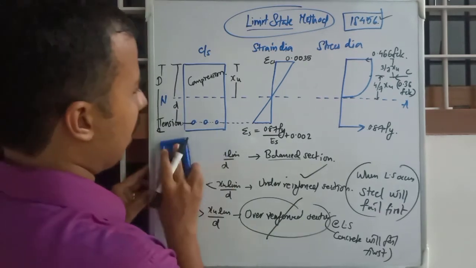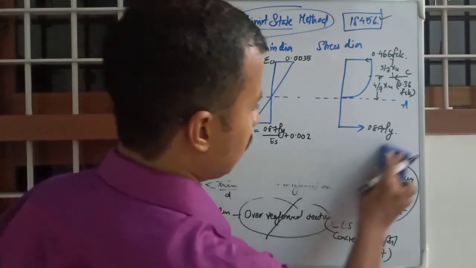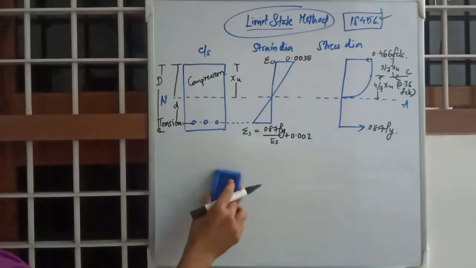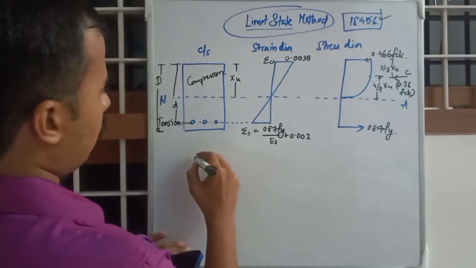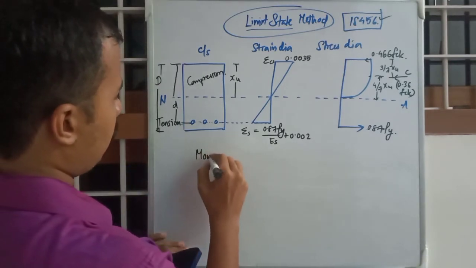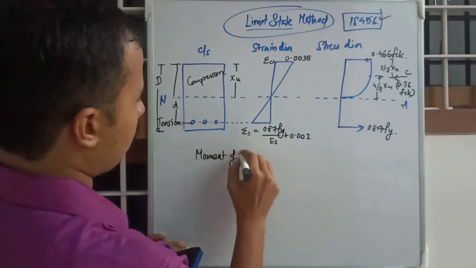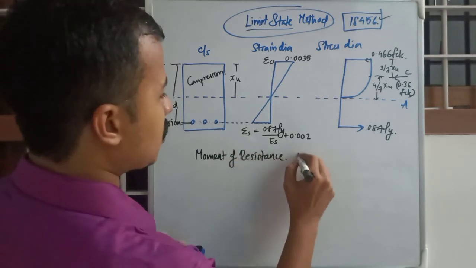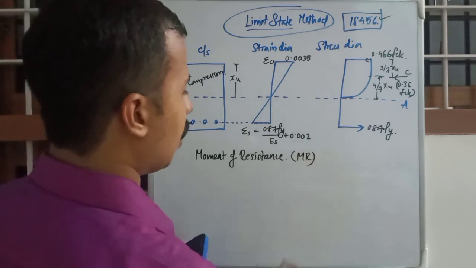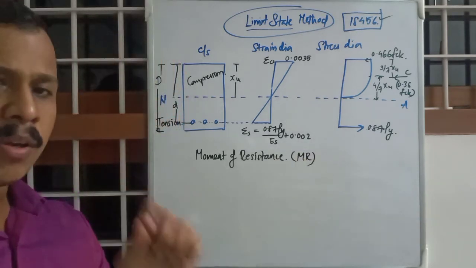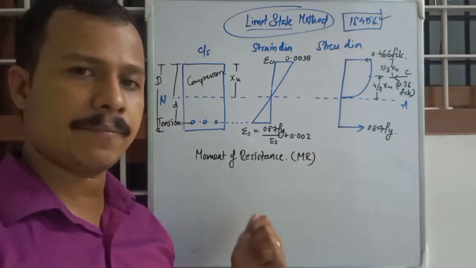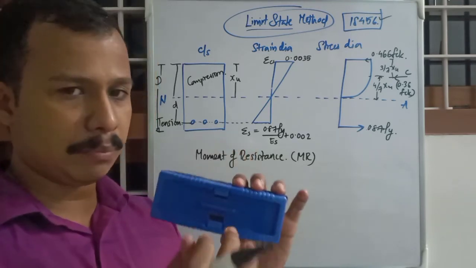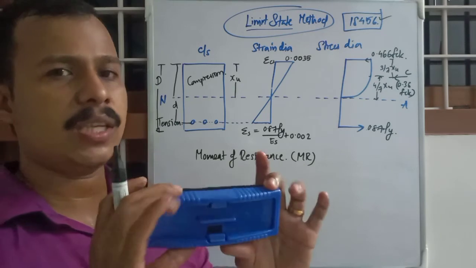And the last thing you need to know in this basic study of the limit state method is moment of resistance, or MR. Moment of resistance is the resistance offered by the beam against the loads.